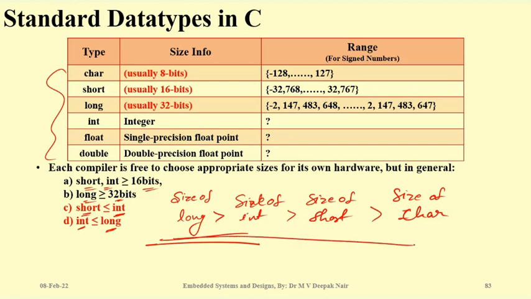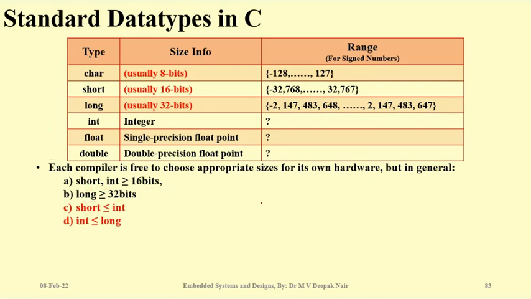Only this relationship is defined, but the actual size is not defined. In this region it becomes very difficult to manage these things, because the size of int is not defined. So that becomes a very big headache.